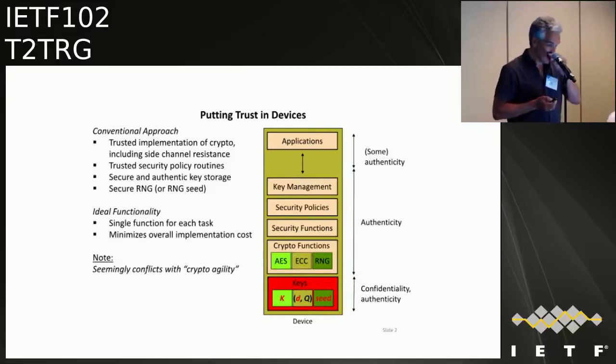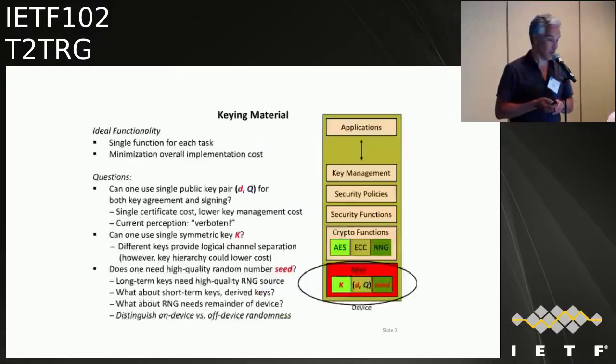So one thing we see right away is that that may actually conflict with the need for crypto agility, because crypto agility means that you may be able to switch one algorithm suite for another one, and it could conflict with the single function for each task and the overall implementation cost. So I will go through some aspects of some things that I put in this big rectangular box over here.